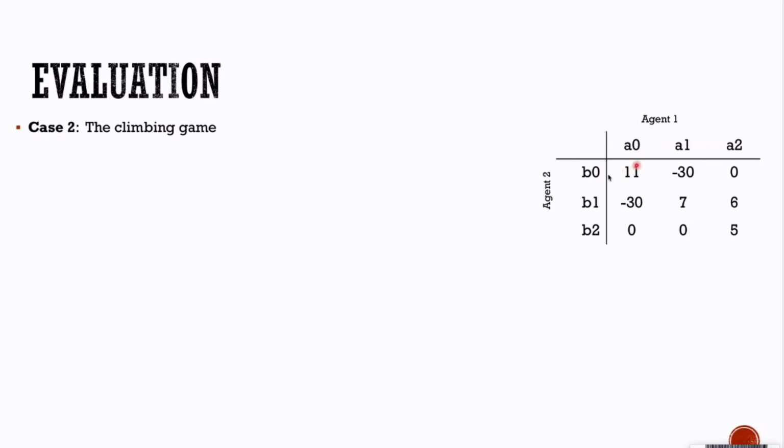But if agent two chooses B0 and agent one chooses A1, both of them will be punished by the value of minus 30. So that is teamwork, right?